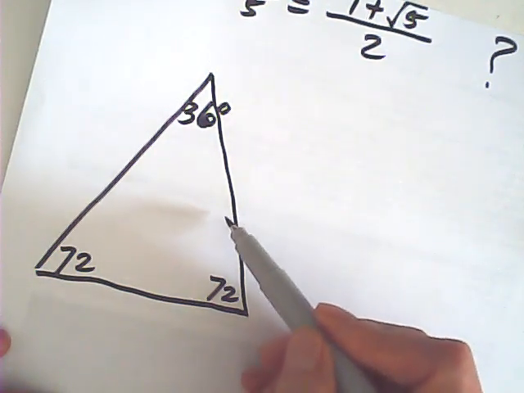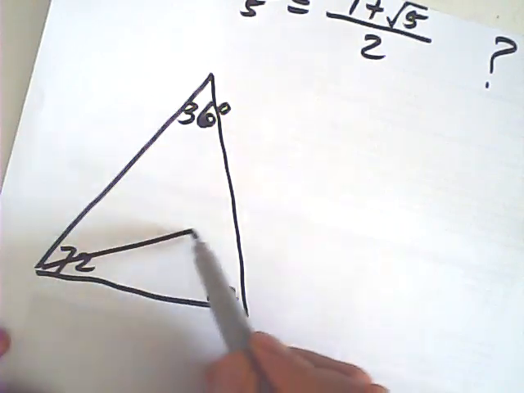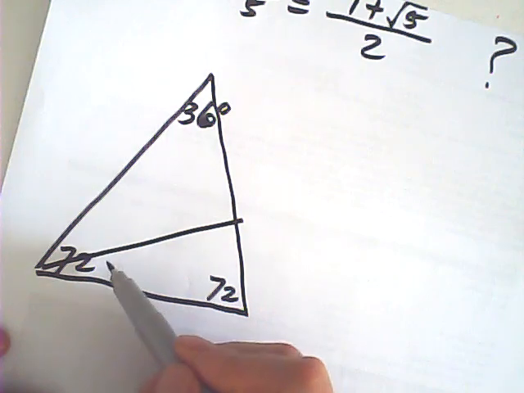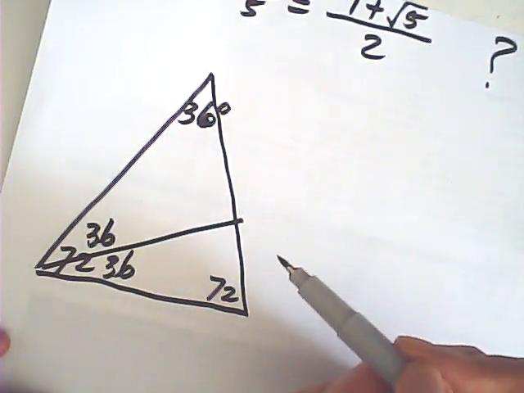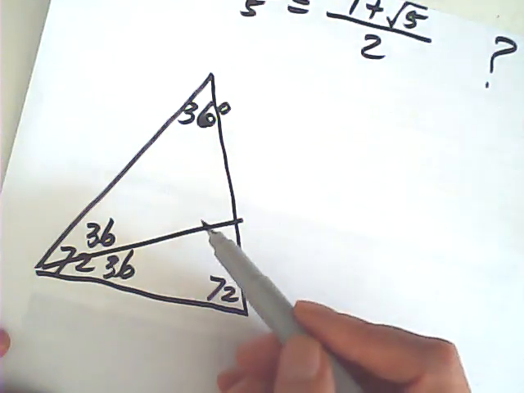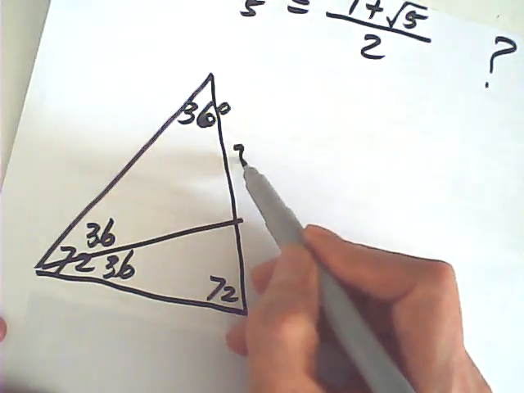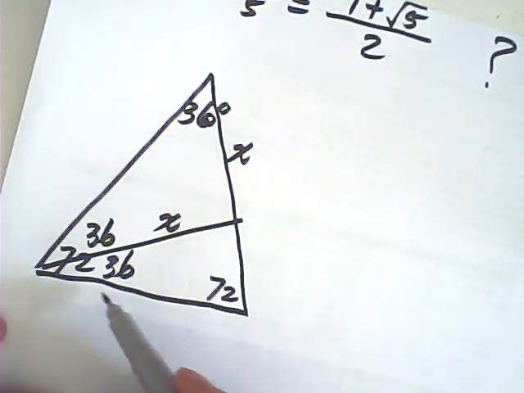Then, if I draw angular bisector, this is 36. This is also 36. Then this will be also isosceles triangle, right? If this is x, this will be x. This is isosceles triangle.